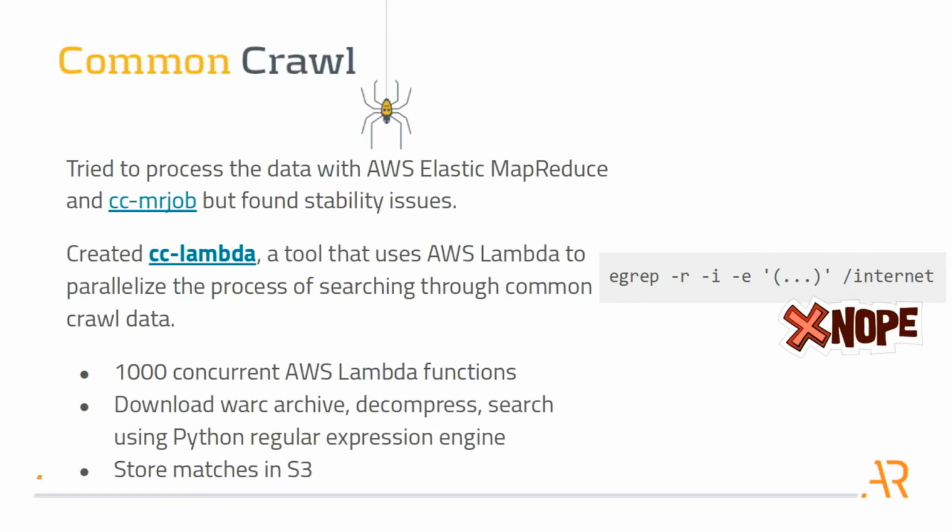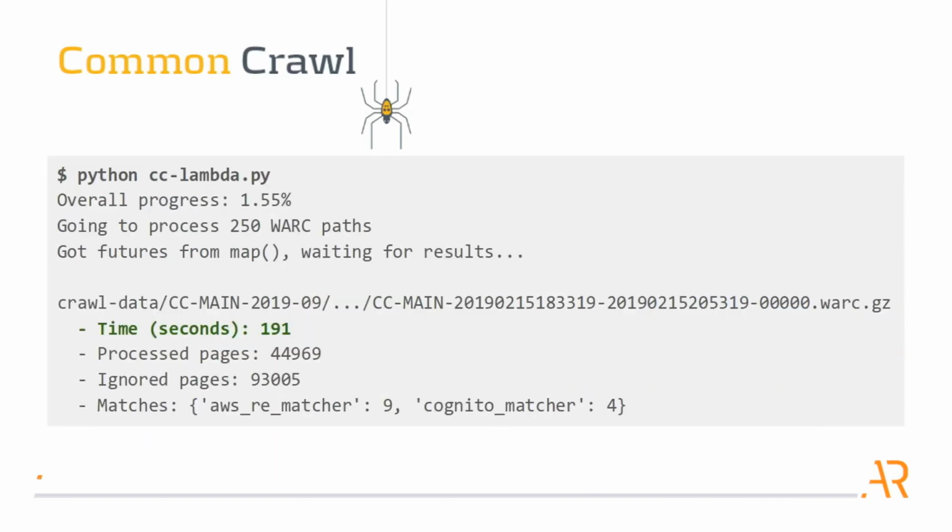It uses 1,000 concurrent AWS Lambda functions running at the same time, which is a lot of processing power, to download a piece of the Common Crawl, extract, like unzip it, and then apply regular expressions to all of the 2.5 billion pages. All of the results are stored on S3 for you to investigate them.